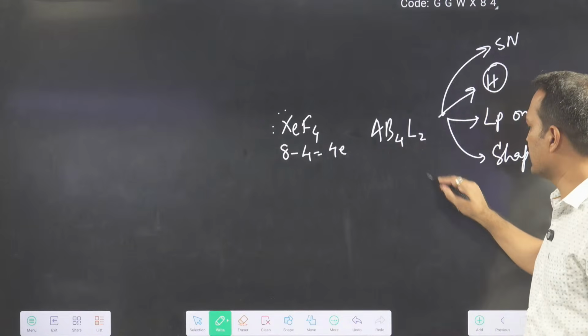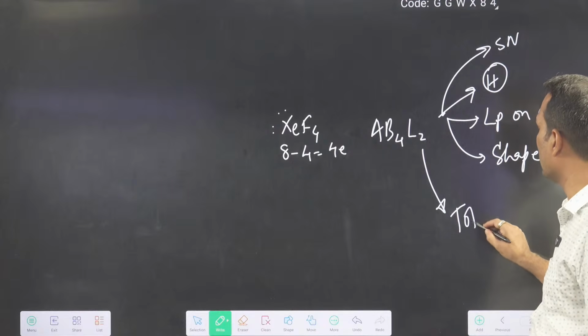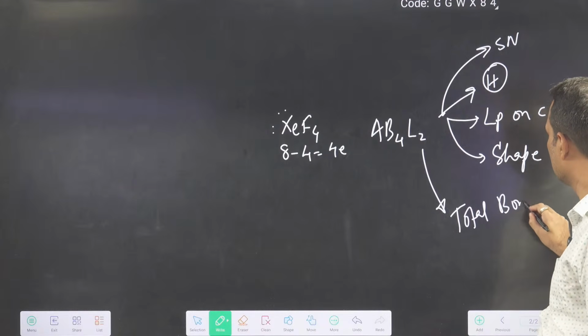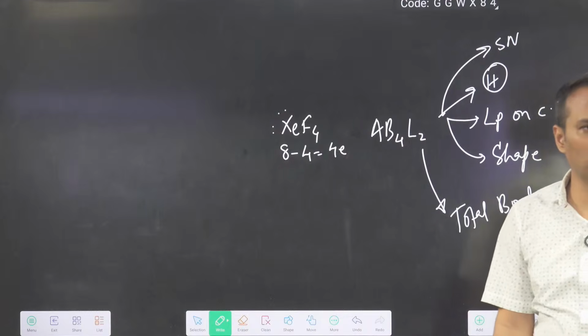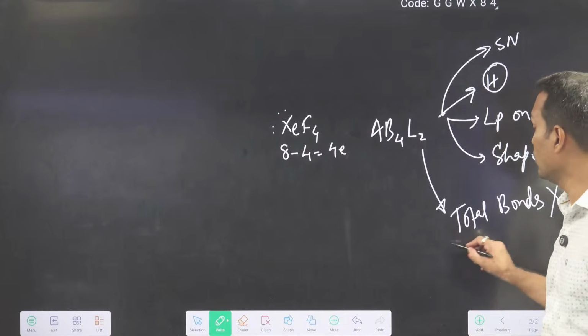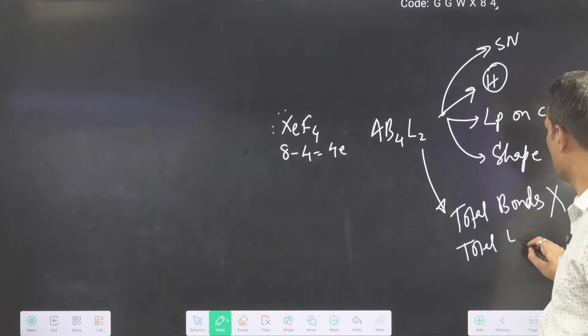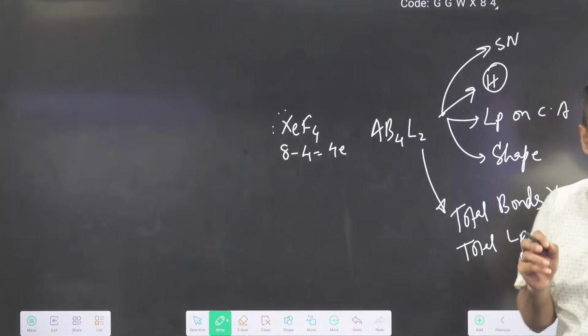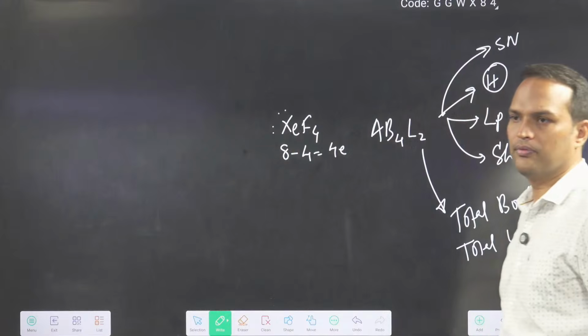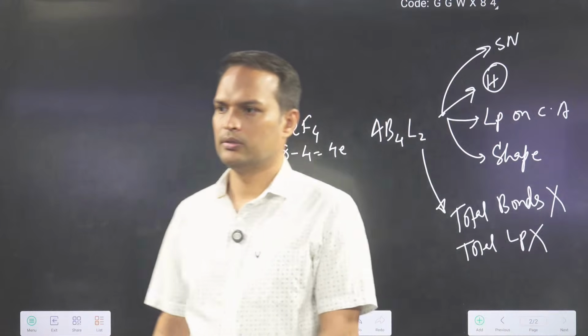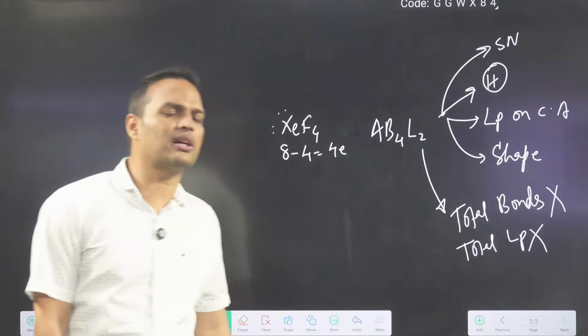But from this method, it is very difficult to tell total bonds, total lone pairs. Total lone pairs means what? Central atom as well as terminal atom. So it is difficult to tell from this method because you are not drawing the structure completely.